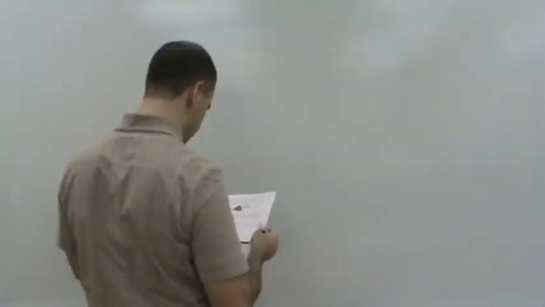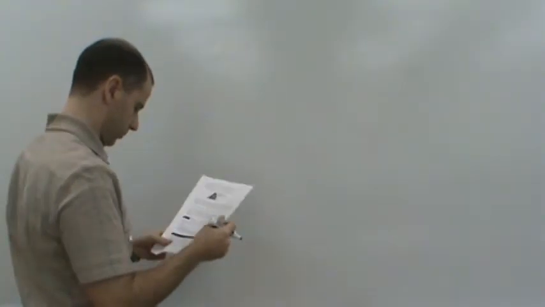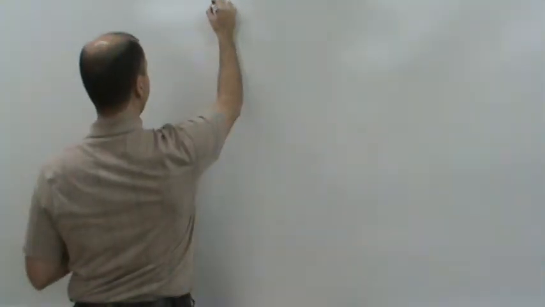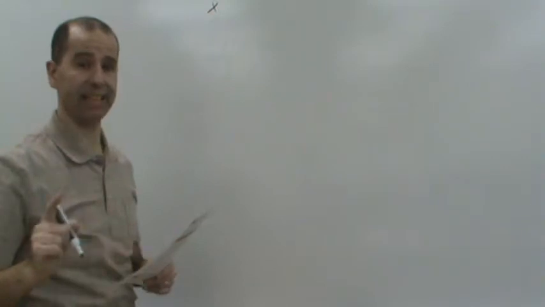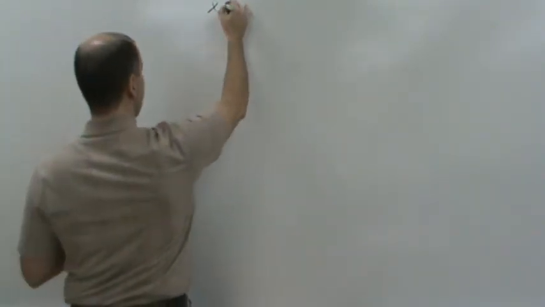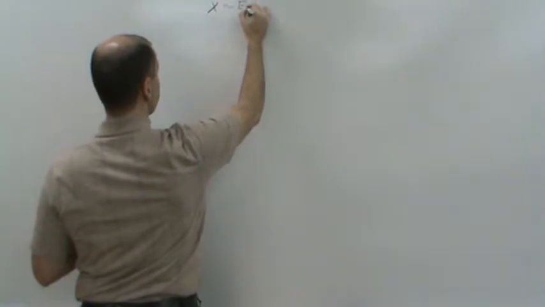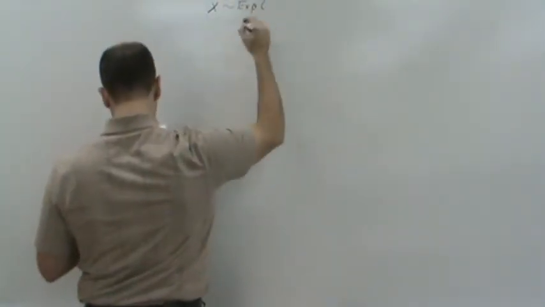So let's use this as an example. Here we're going to deal with a population that has an exponential distribution. We know that X, which is the excess time, the time that they went over their contract, follows an exponential distribution with a mean of 22 minutes.